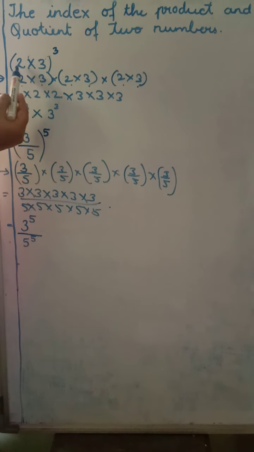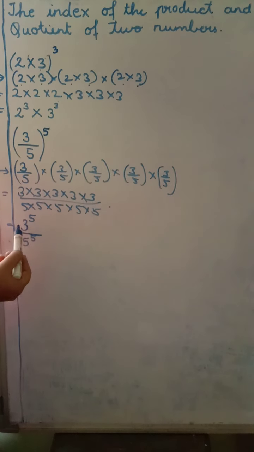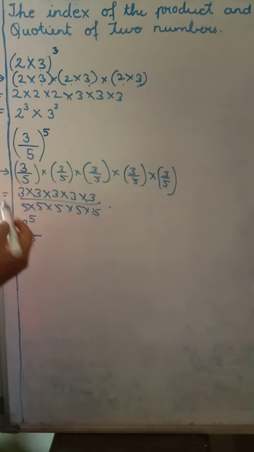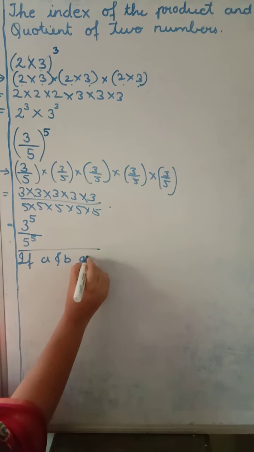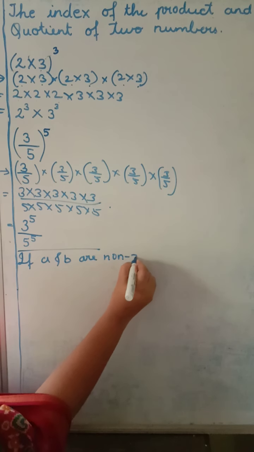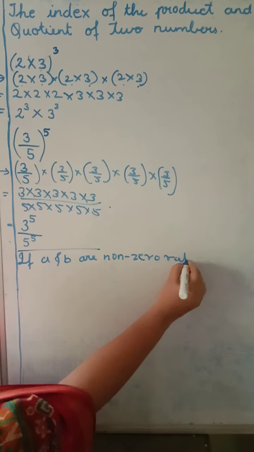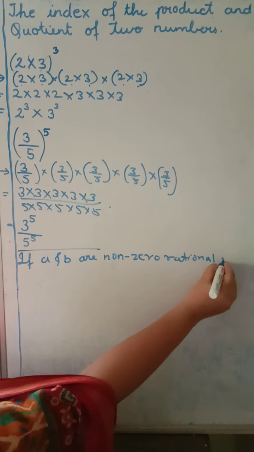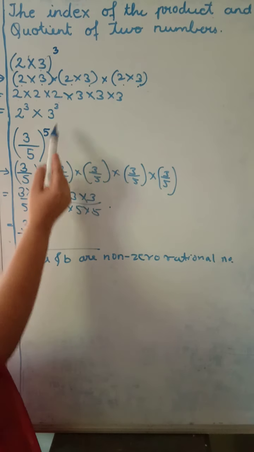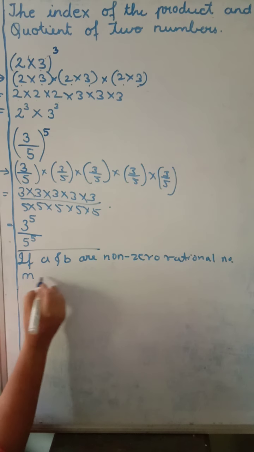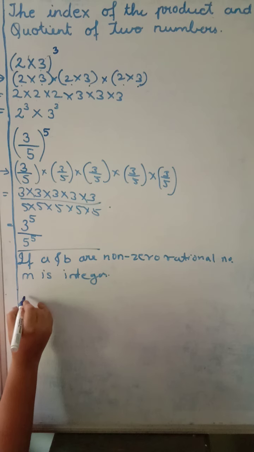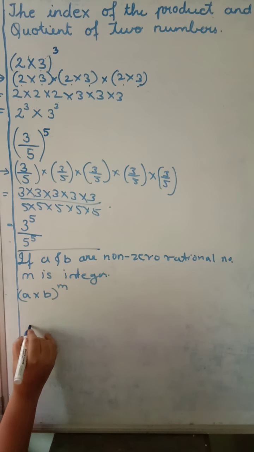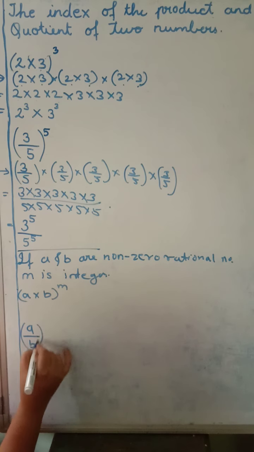That is, if a and b are non-zero rational numbers, and m, its index, is an integer, then we can write (a into b) raised to m and (a upon b) raised to m.